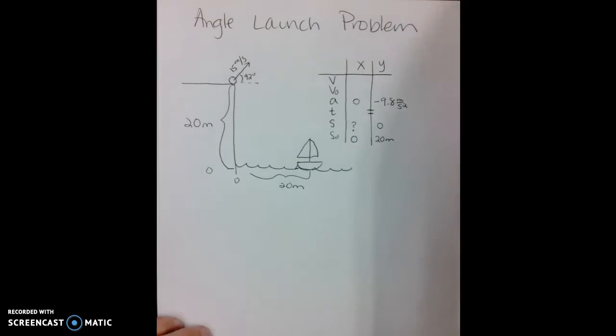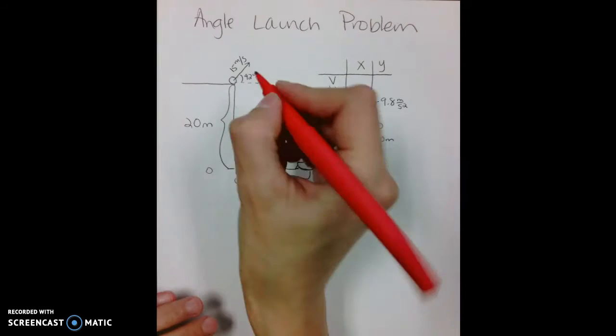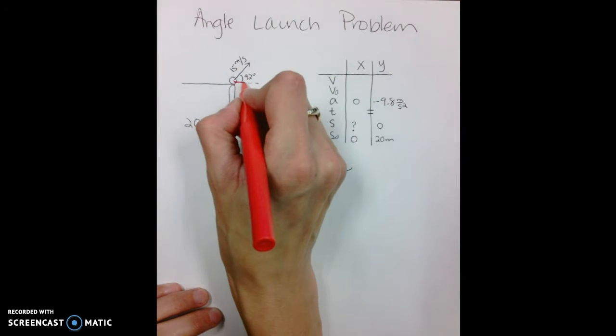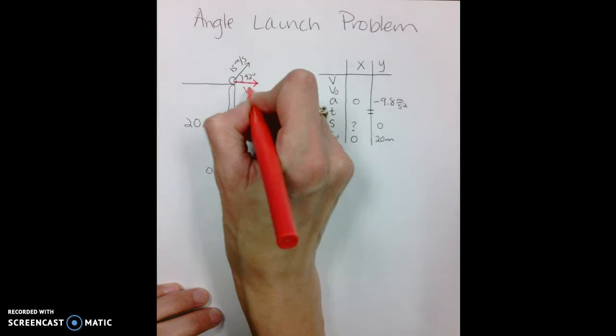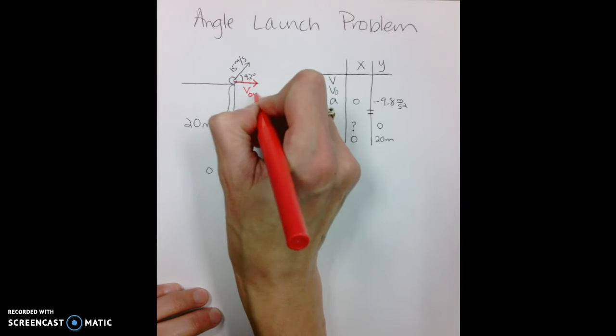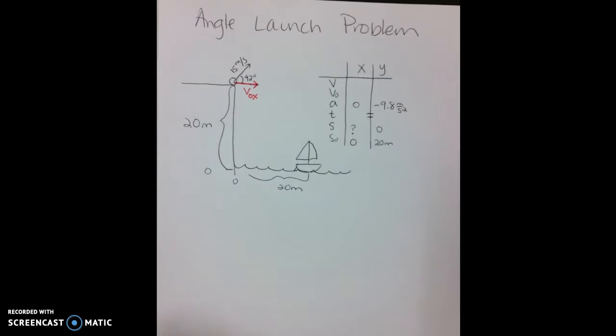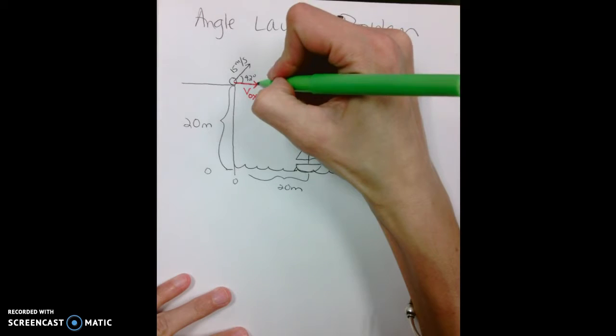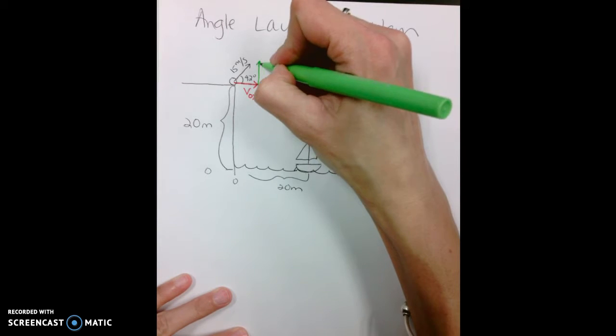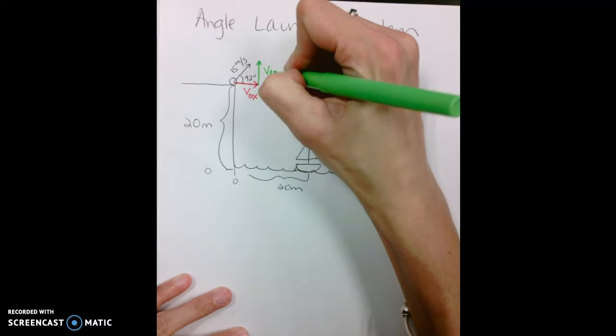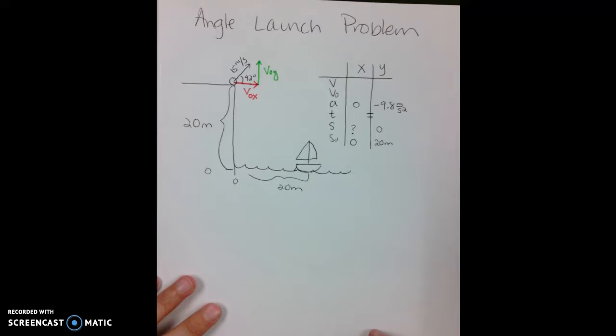It has a part that moves the projectile forward in the x direction, and we call that V0x, the initial x velocity. And then we have a part that moves the ball up or down, and we call that V0y, the initial y velocity.